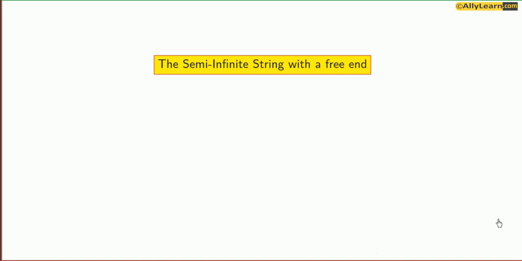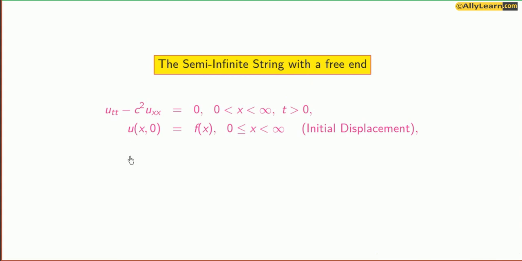Now friends, let's see this semi-infinite string problem with a free end in its mathematical form. This expression u_tt minus c squared u_xx equals 0 for x positive and time t positive represents the wave equation. Now u(x, 0) equals f(x) for x non-negative represents the initial condition for initial displacement.